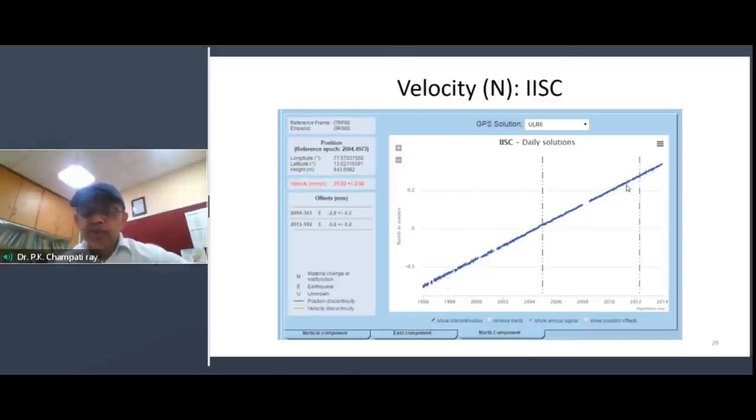So this is approximately the global scale velocity, which works out to be 35 millimeter in this case. This is only one aspect of it, what they have mentioned on a global scale, but with respect to our ITR framework, it is around 50 millimeter.